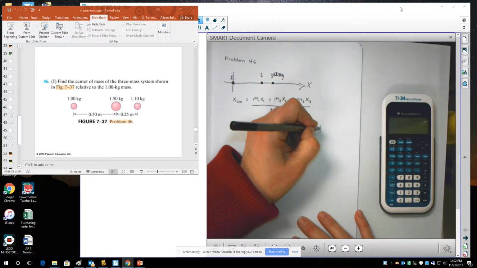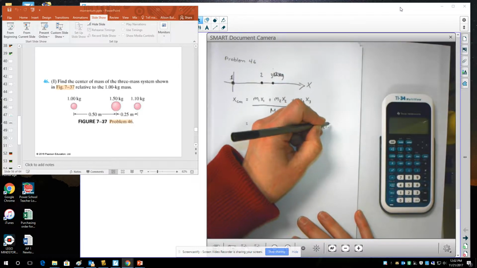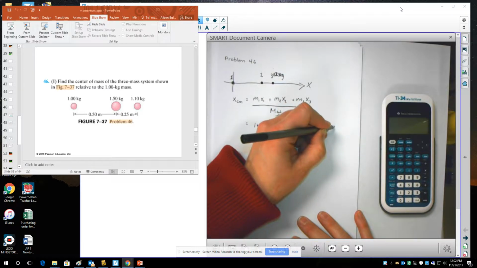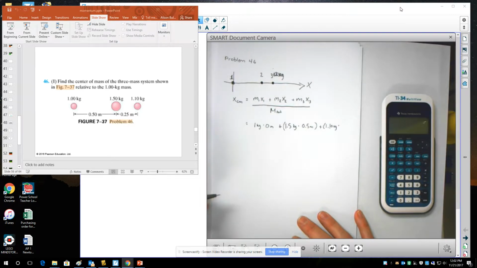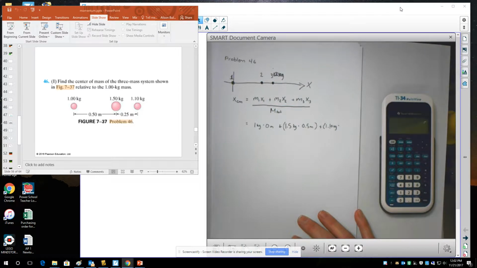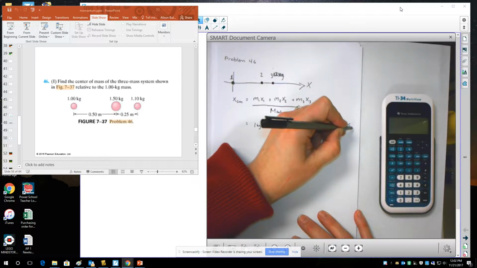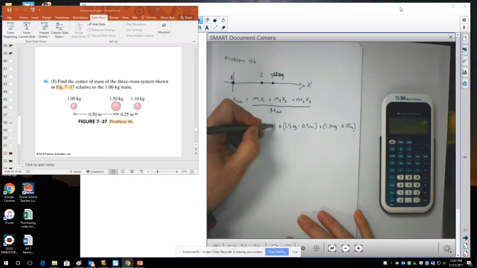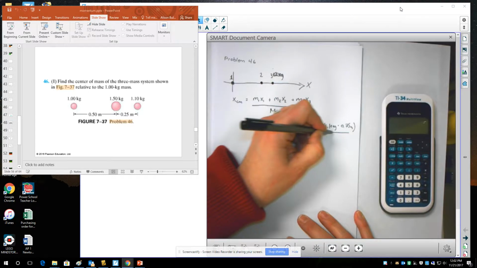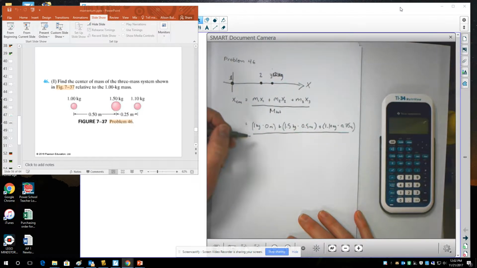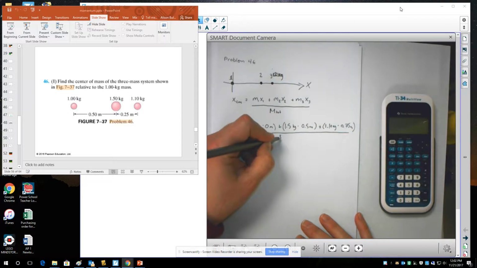And then I look at the third mass, 1.1 kilogram, times where it lies. So it's at 0.5 plus 0.25, 0.75 meters from x equals 0. Then I divide the whole thing by the total mass. So 1 plus 1.5 plus 1.1, so 3.6 kilograms.